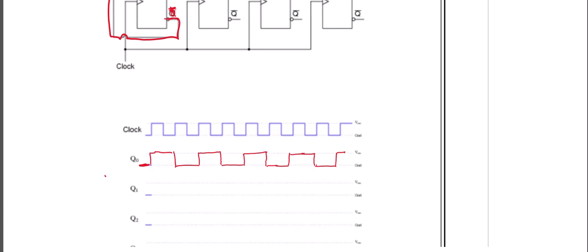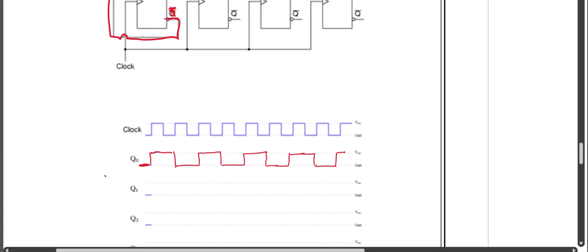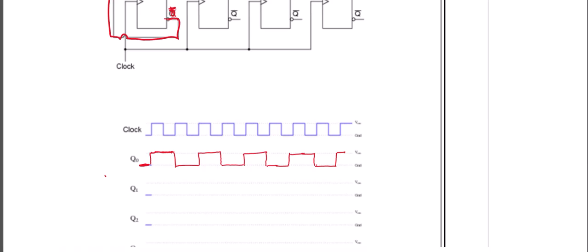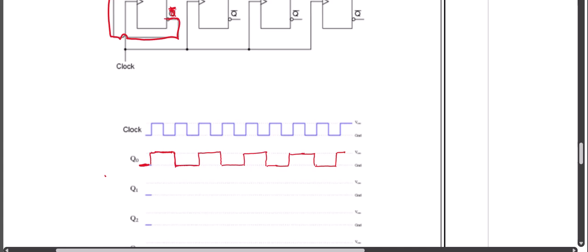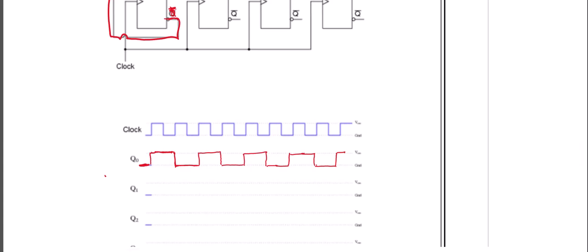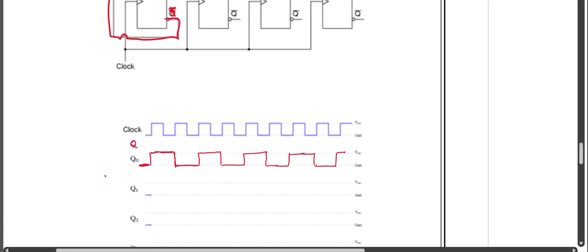And so its input is 1, and so it's going to be 1. But while Q is 1, Q naught is 0. So when it gets to the next clock edge, it's going to be 0. Okay, so just imagine that I drew Q naught here as well.